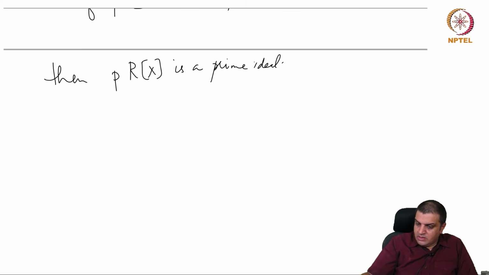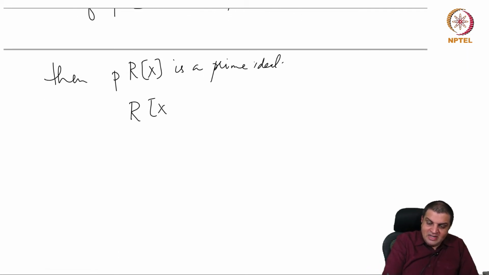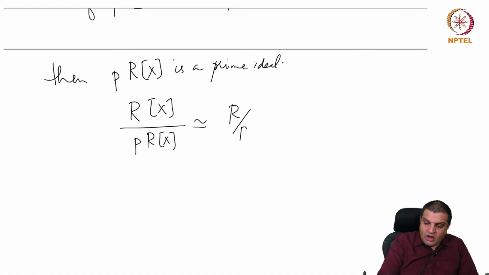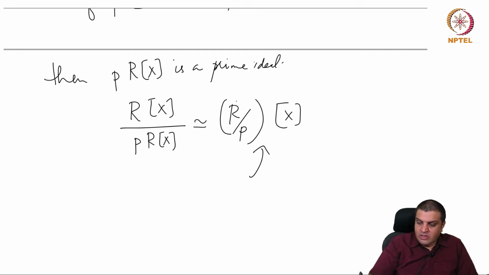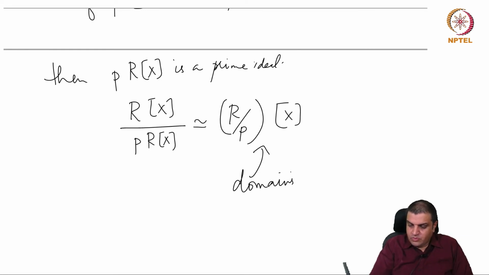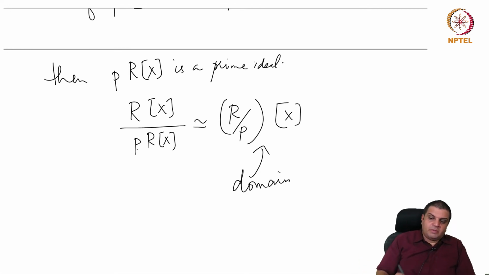In other words, it is not very difficult to check that R[X] modulo the extended ideal is really isomorphic to (R mod P)[X]. And this is a domain. If you adjoin a variable to a domain, polynomial rings over domains are domains. So therefore, this is a prime ideal.